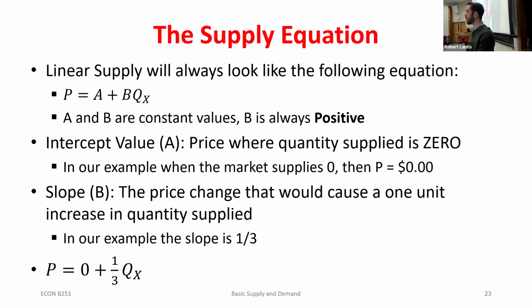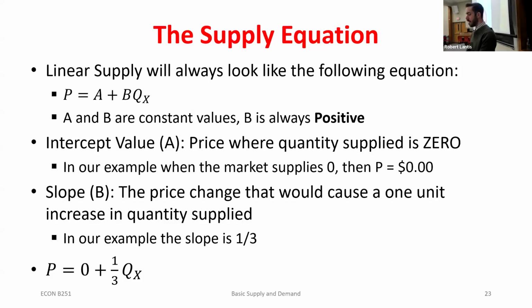If I want to know the first price that this company is willing to supply that fifth unit at, I just plug 5 into my supply equation. So the price they'd be willing to supply that fifth unit at would be about $1.66.